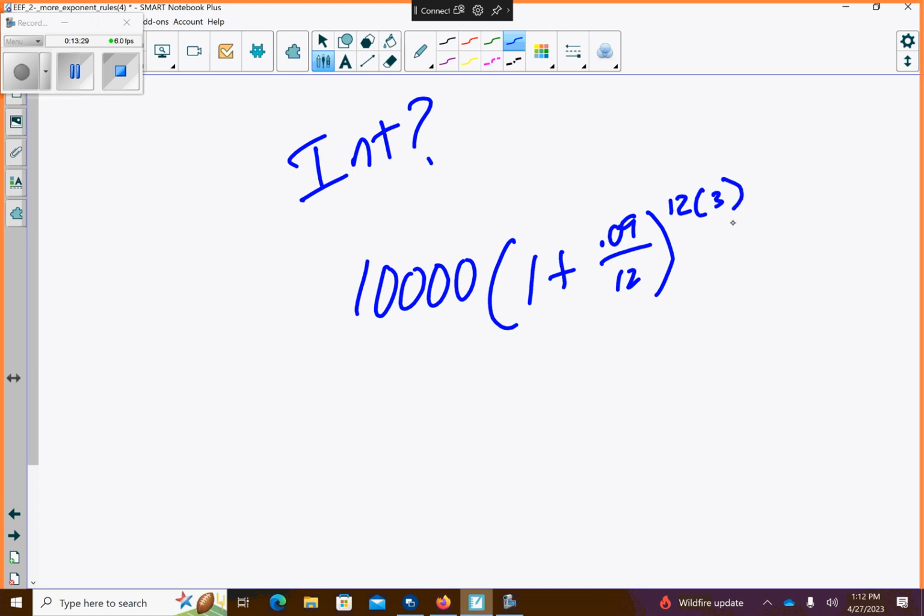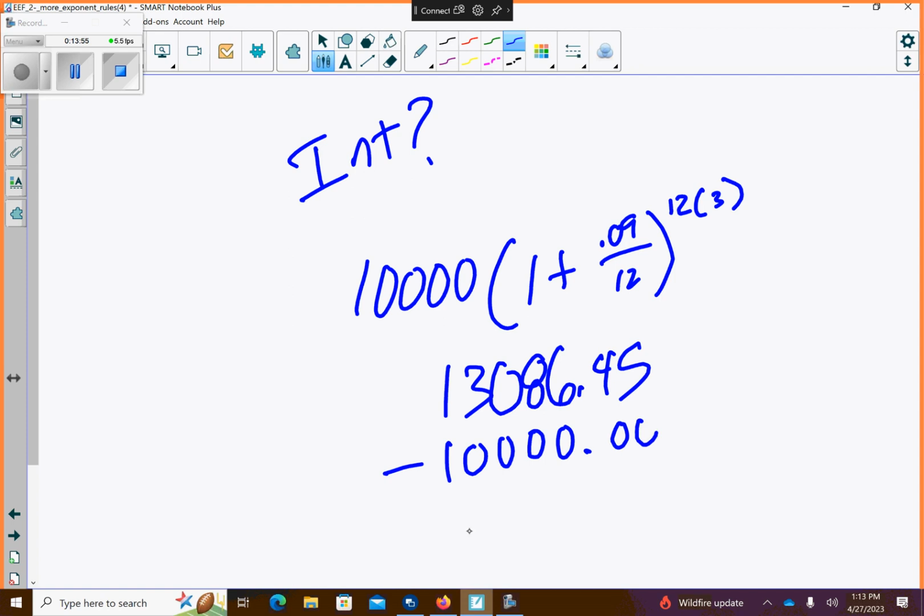So if you do this on a calculator, 10,000 times 1 plus 0.09 divided by 12 raised to the 36th power. So I'm going to subtract 10,000 from that. This originally came out to 13,086.45 minus 10,000. So you wound up earning $3,086.45 in interest on your money.